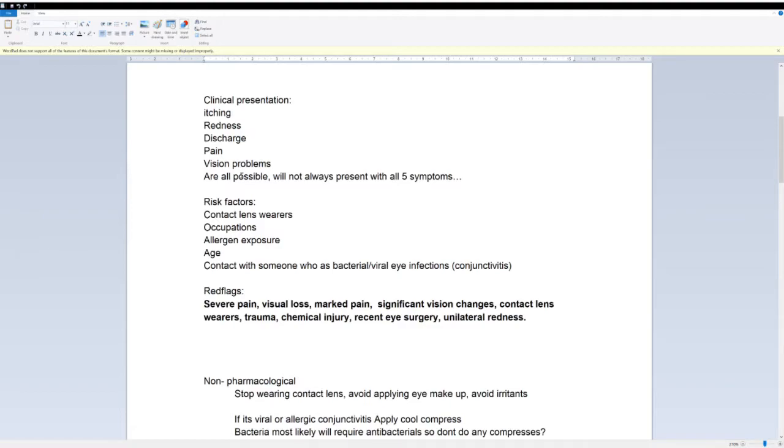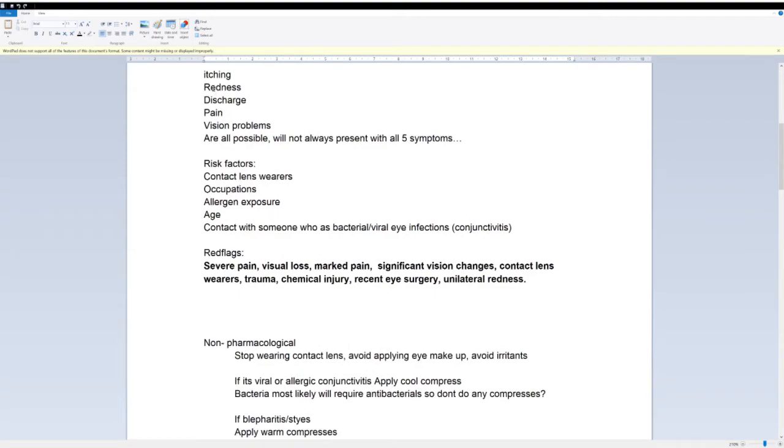These are just general clinical presentations, and sometimes some of these symptoms may present as just one instead of all five of them occurring at once.